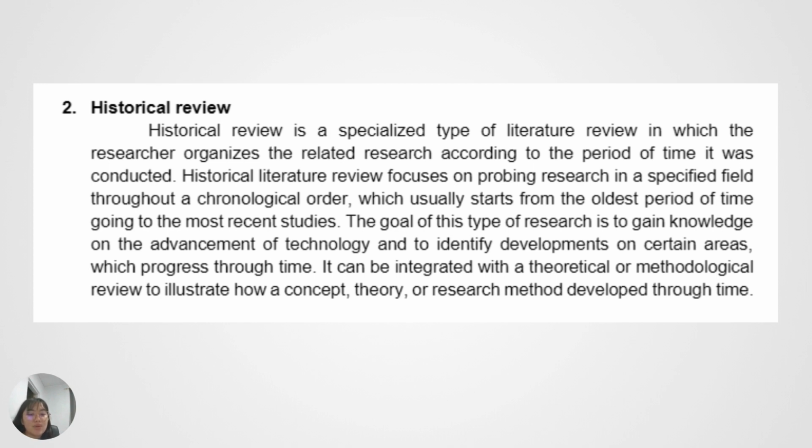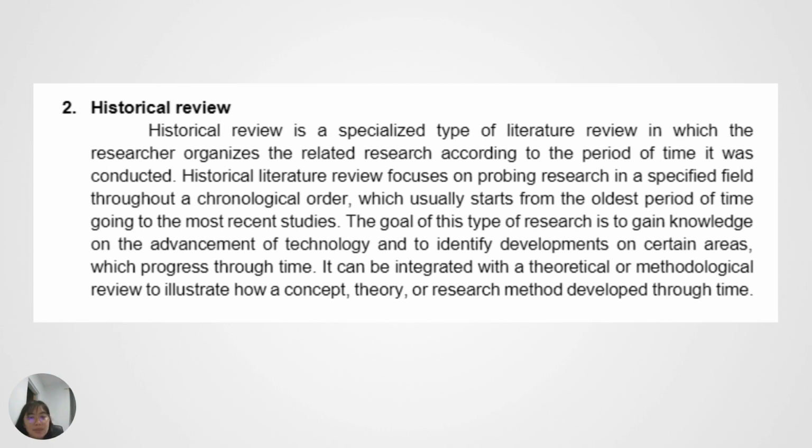Next type of literature review is the historical review. It is a specialized type of literature review in which the researcher organizes the related research according to the period of time it was conducted. Historical literature review focuses on probing research in a specified field in chronological order, which usually starts from the oldest period of time going to the most recent studies.